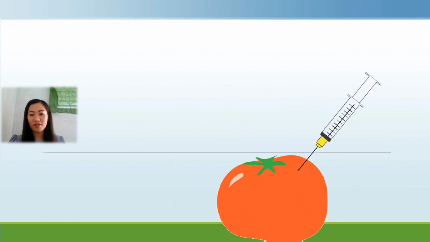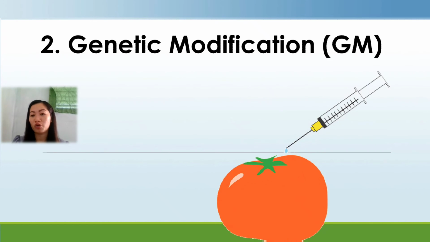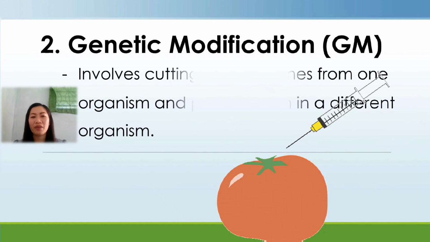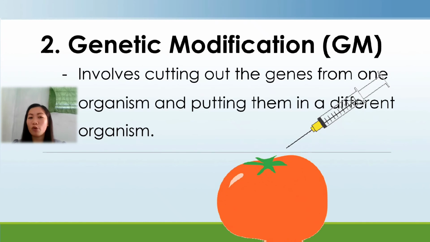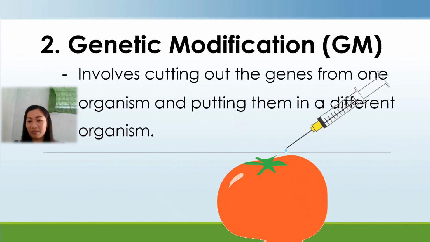The next method that uses technology is genetic modification, or GM. It's very common nowadays. It involves cutting out genes from one organism and putting them in a different organism. For example, this tomato: we want it to be big and, at the same time, not really sour.